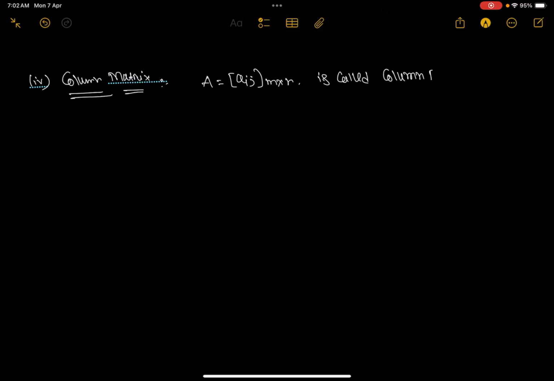Next slide. 4. After that, the column matrix. Let us consider a matrix A equals Aij m cross n is called a column matrix if n equals 1. This implies that A has m rows but one column.